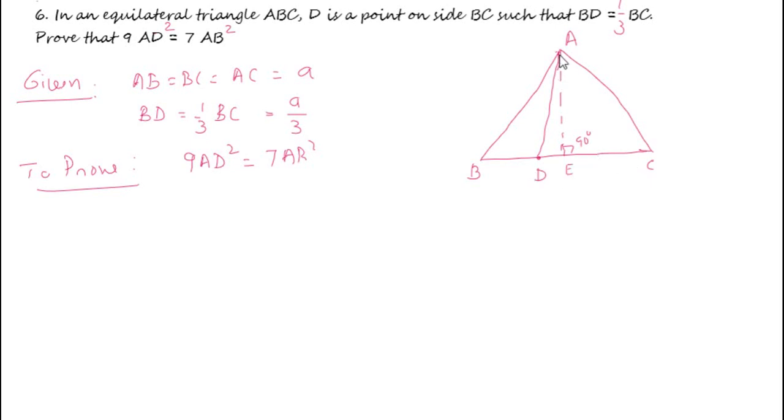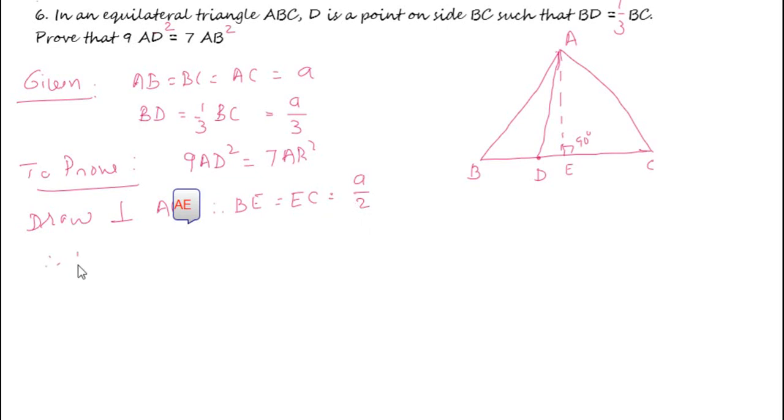In an equilateral triangle, if you draw a perpendicular to the opposite side, then it divides the side into two equal halves. That is BE equal to EC. Draw perpendicular AE to BC, therefore BE equal to EC. Now BC is A, so BE and EC are half of that, that is A by 2.